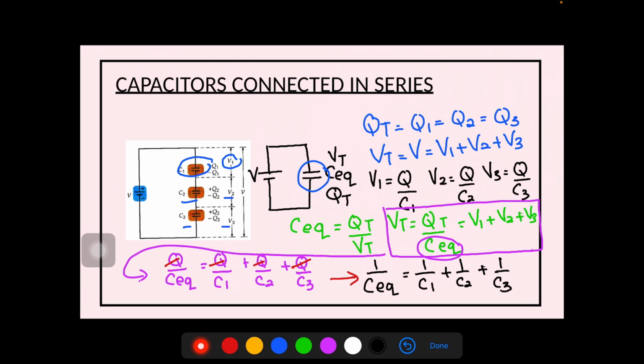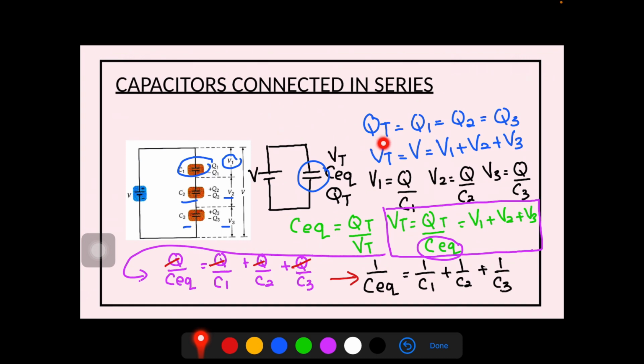So the most important thing you need to know is C equivalent. For series combination, we use this: 1 over CEQ equals 1 over C1 plus 1 over C2 plus 1 over C3.